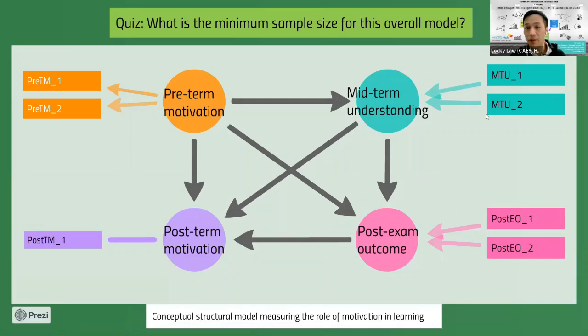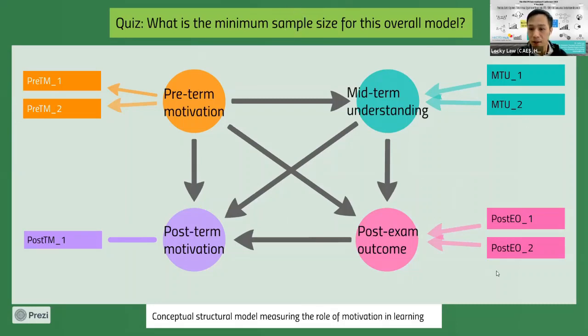Well, if you are looking at the indicators, then you probably see at most 2 indicators, but we have to consider the outer model and the structural model separately. So we should look at post-term motivation. There are 3 arrows pointing to post-term motivation, and therefore the minimum sample size for this model would be 3 times 10, therefore 30. Okay, so that's that.